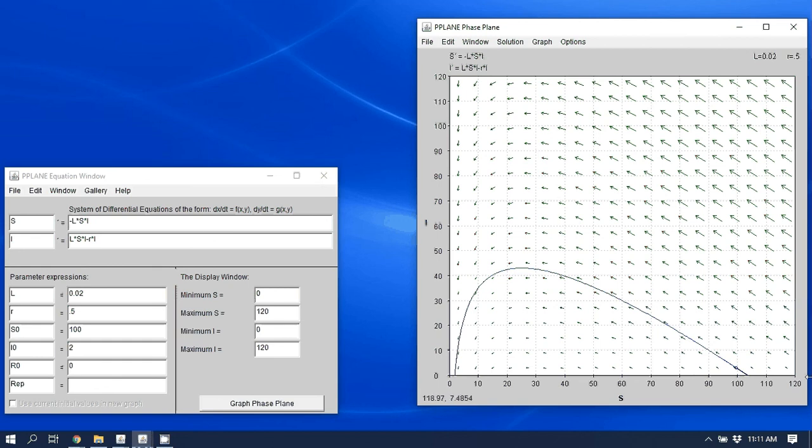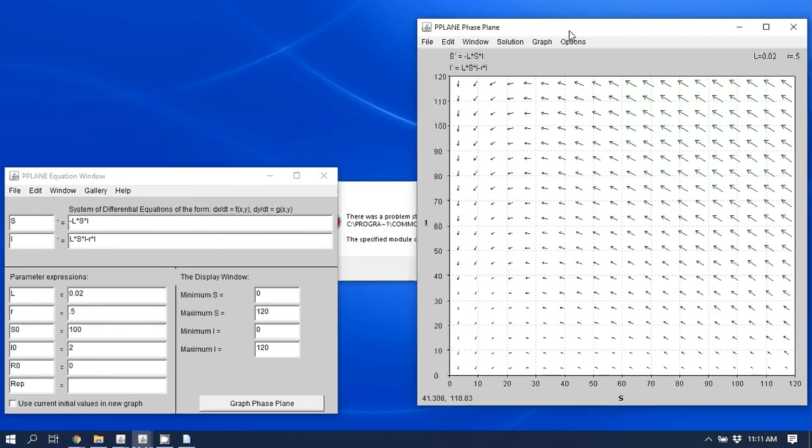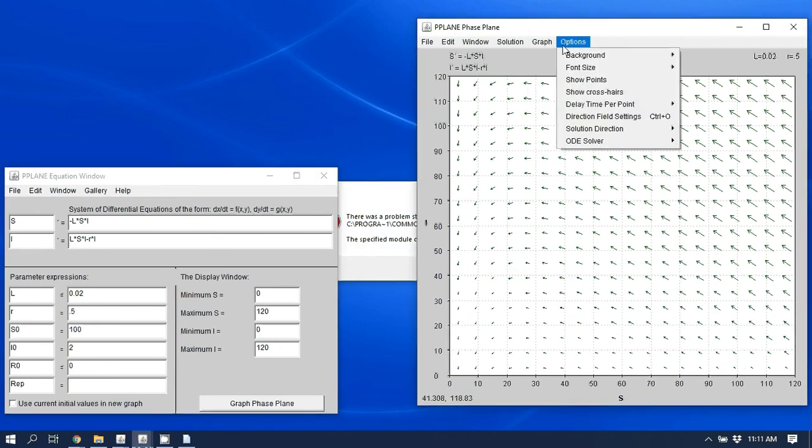Let's say I start with 50 susceptibles and 52 infected, so somewhere here, approximately. By the way, the solution is plotted in backward time as well. Let's change that and choose the solution to be plotted just in forward time.